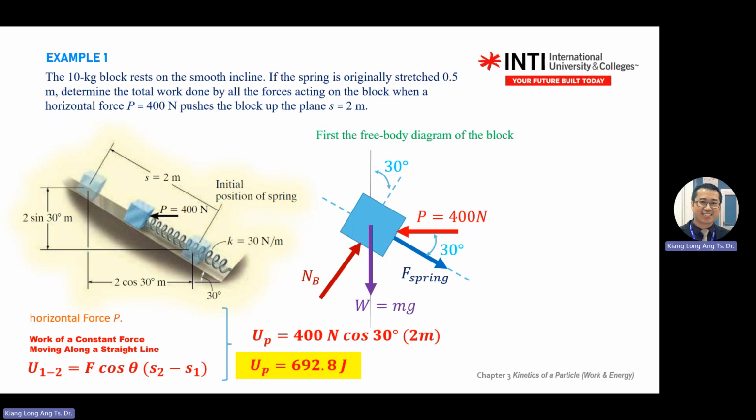Unless the question asks you to find acceleration or velocity, then F equals ma applies. Don't confuse chapter 3 with chapter 2 or chapter 1. This question asks you for work. It doesn't ask you about acceleration or velocity. So don't confuse the F equals ma equation in this chapter. You can say you totally forget about the acceleration and velocity. You only focus on the distance traveled by the force.